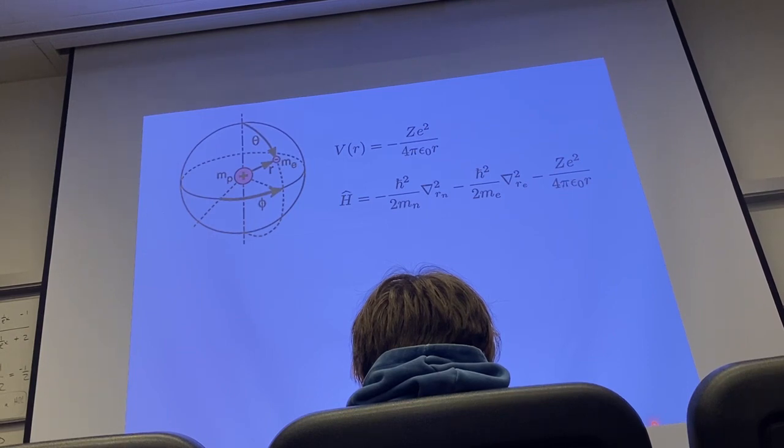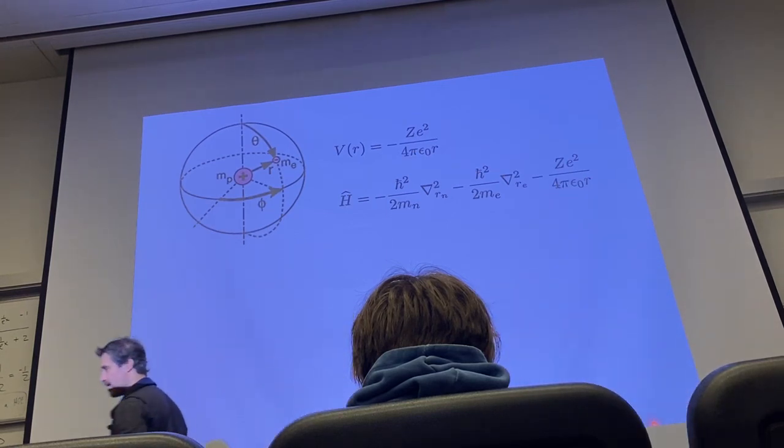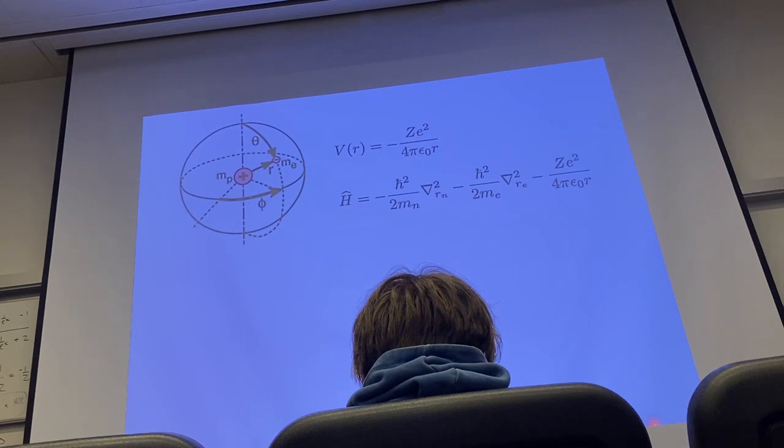Again, if you've never seen this before, it looks pretty terrifying, but you just have to learn what it means. The first term, kinetic energy of the nucleus. Second term, kinetic energy of the electron. Last term, their mutual interaction. That's it. If I solve this problem, I solve the entire thing.